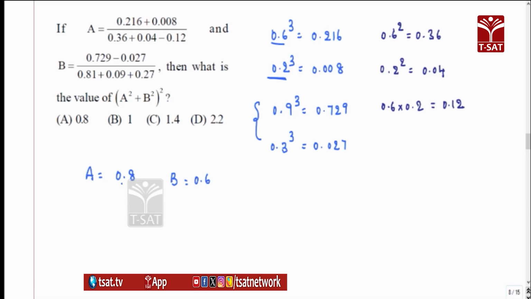So what is 0.8 square? 0.64. 0.6 square is 0.36. A square plus b square whole square you have to do. That's simply 1. So if you identify quickly, then you can answer it.